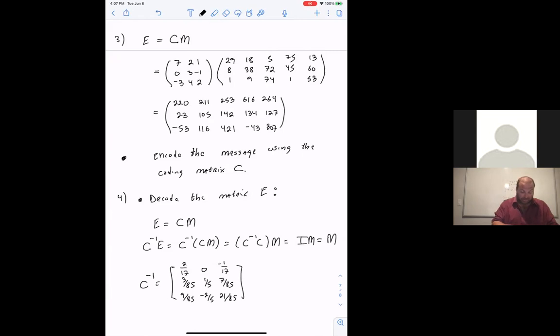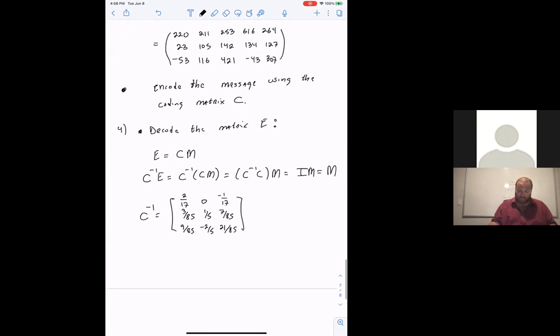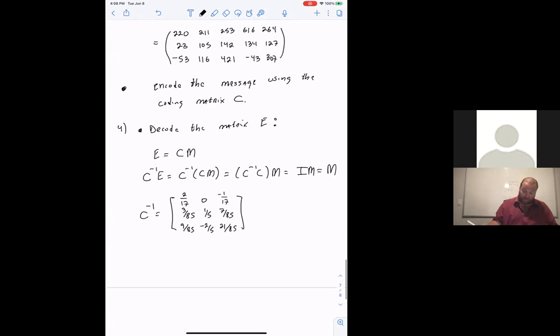And if I take that and multiply it by my encoding matrix, answer times this one. Well, my calculator tells me a syntax error. I haven't been able to figure out my calculator how to do this. But if I do C inverse times the encoded matrix, I do get back the original.